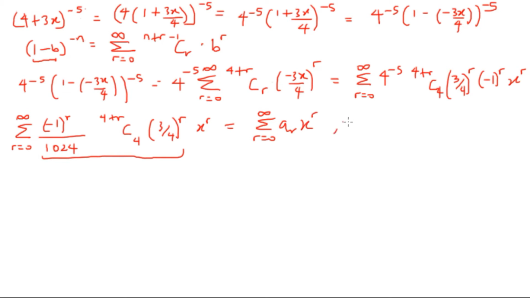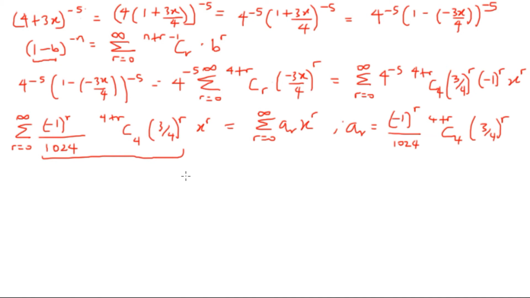So in this question, my a_r is equal to minus 1 raised to power r upon 1024, then I have my 4 plus r combination 4, and of course 3 over 4 raised to power r. So this is my a_r.